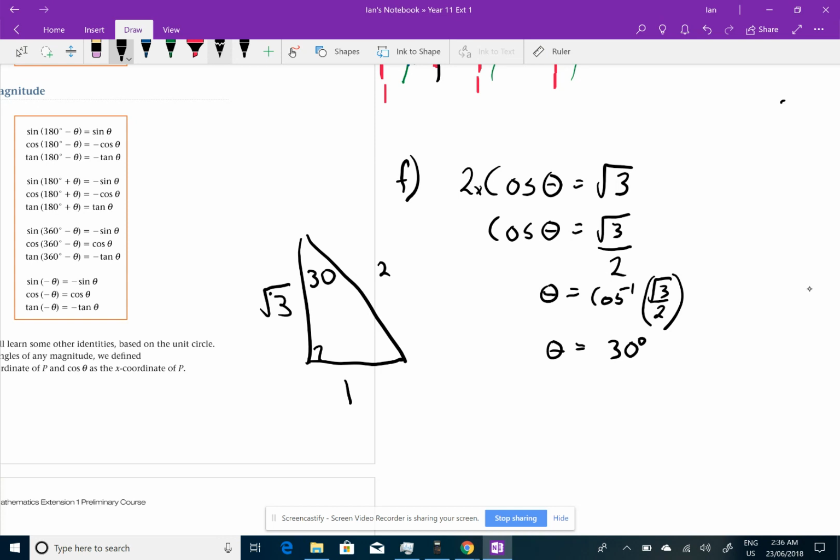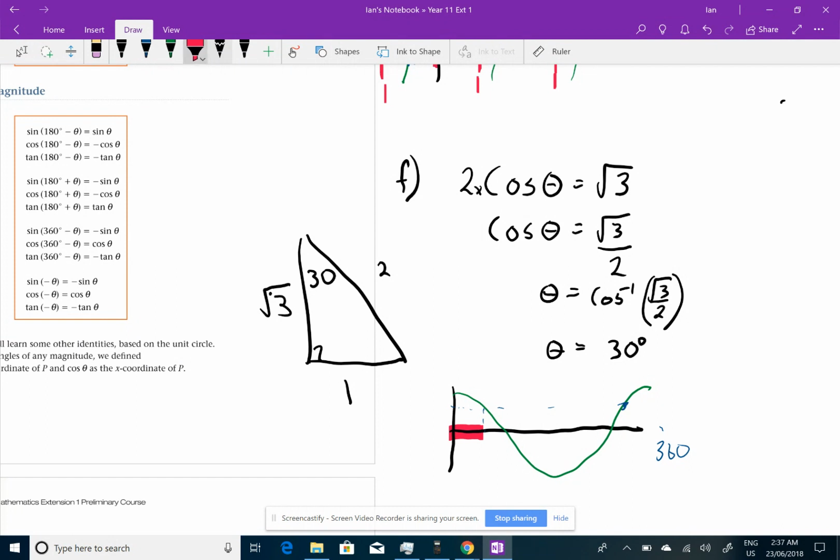Okay, let's have a look at the cos curve. Here it is. Now we found the acute angle, root 3 on 2, here it is, and it's 30 degrees. That distance is 30 degrees. Now the other value, the other positive value between 0 and 360 is way up here.